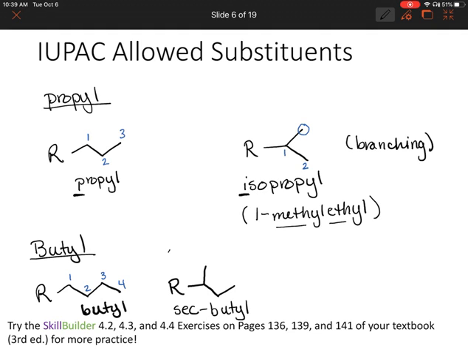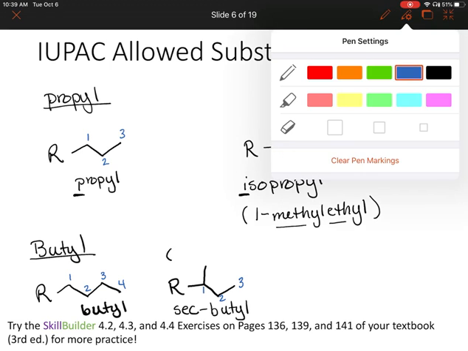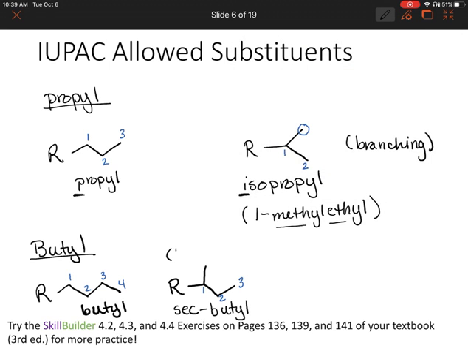Now another name for this would be, let's see, let's number our longest chain, 1, 2, 3. So another name would be 1-methyl propyl because we have a methyl group on a propyl chain. Now, what if we have a different type of branching? We could have something that looks like this.